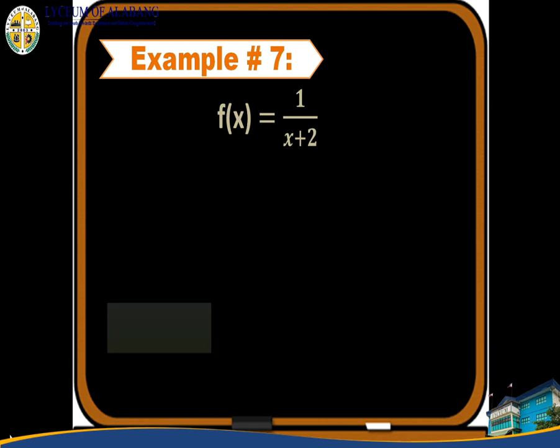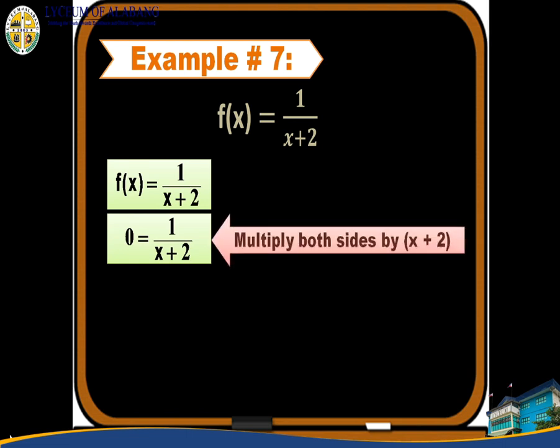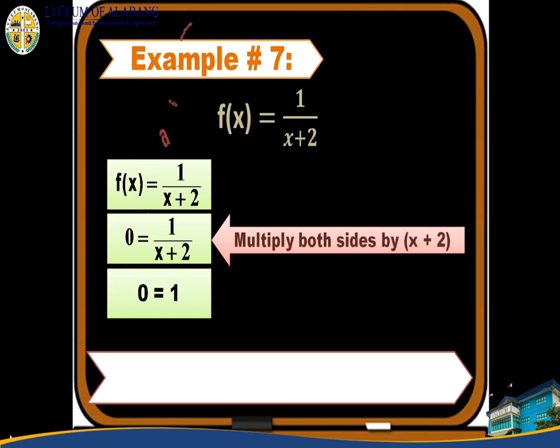If we try to solve the equation f(x) = 1/(x + 2) for 0, this is what happens. 0 = 1/(x + 2). Then, multiply both sides by x + 2, and we get 0 = 1. This is impossible. So the range of f(x) is the set of all real numbers except 0.